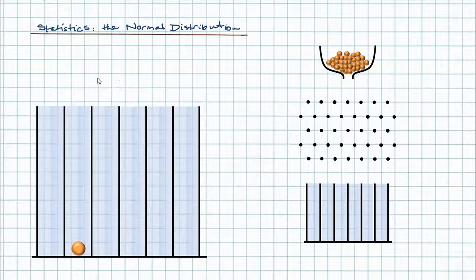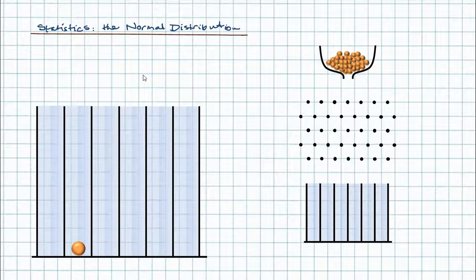And how many ways are there for it to get to exactly the same position? Well, in fact, we call this the combinations function, or the choose function. There are 5 choose 1. And 5 choose 1, if you use the button on your calculator, will give you the answer 5.